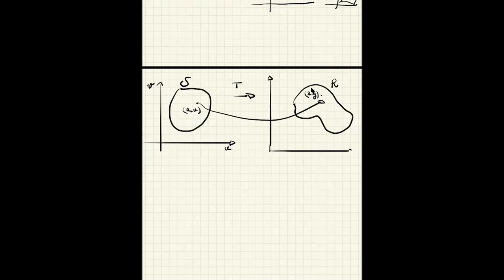This is the Y axis. This is the X axis. This is the UV plane, this is the V axis. You choose the point UV and transform. So mathematically speaking, you apply T to UV, and it gives you a point XY.